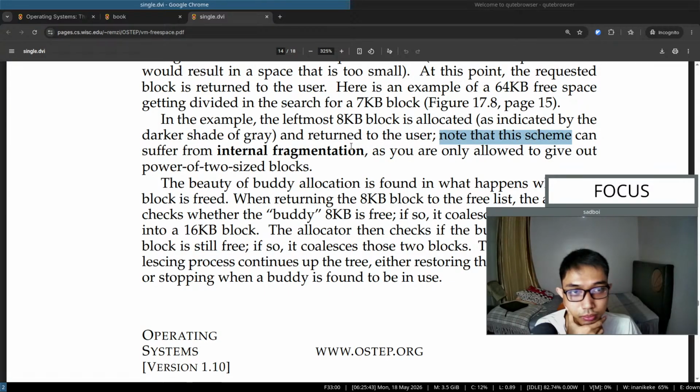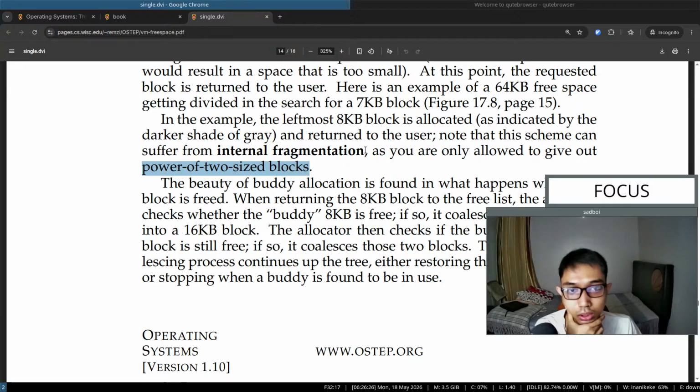Note that this scheme can suffer from internal fragmentation, as you are only allowed to give out power of 2 size blocks.